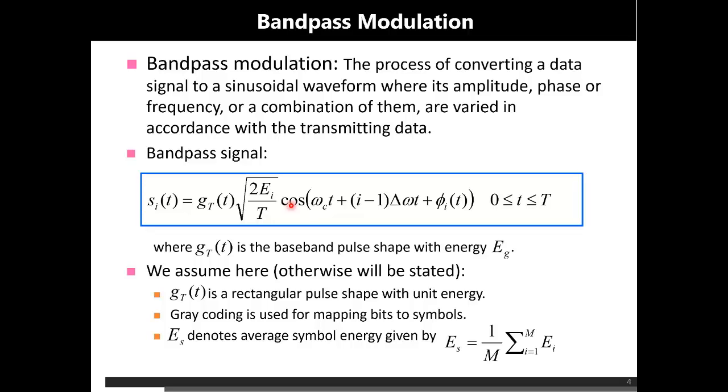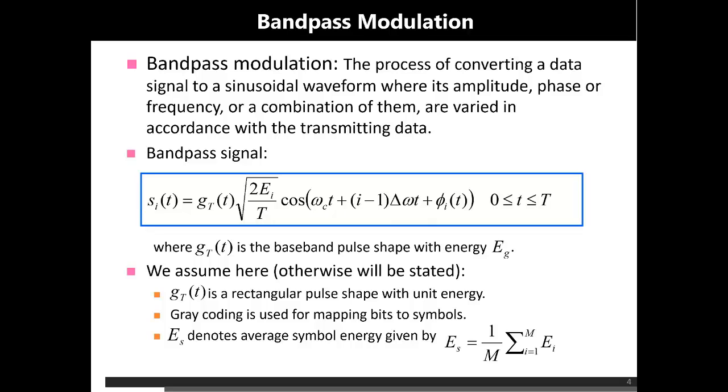And next is cos omega_c t. Here omega_c is the carrier frequency, which is fixed, but there are two more arguments in this cosine. The first one is (i minus 1) into delta omega into t, and the next one is phi_i of t. So the first one is responsible for the change in frequency, and the second one is responsible for the change in phase.